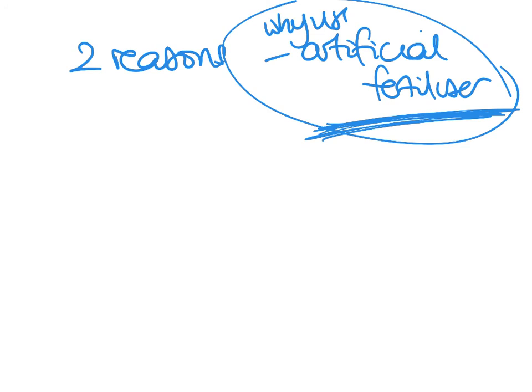The last question there: application of excess fertilisers may cause water pollution. How do fertilisers enter river water? Well, the first thing that has to happen is it dissolves. The nutrients dissolve in what? Water. Where does the water come from? The rain.